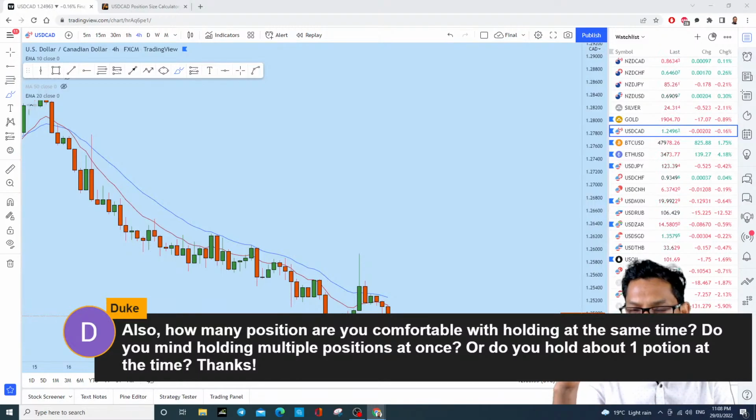Sometimes I do, let's say my risk tolerance is 2% per trade, okay? If I found a USD CAD short trade and maybe another trade, AUD USD, so 2 USD trades, 1% each, that's it. I will not open any more USD trade until I resolve these two. That is the thing, okay?